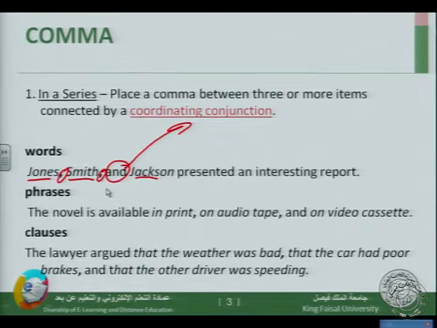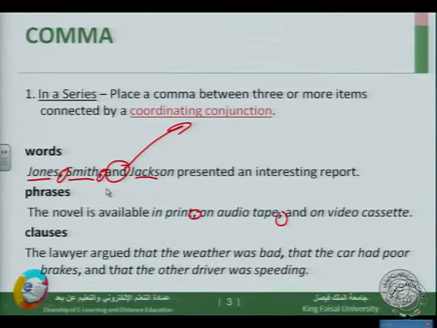Also, we place commas between three or more phrases connected by a coordinating conjunction. The novel is available in print, on audio tape, and on video cassette, as you can see here. Also, we can place a comma between three or more clauses connected by a coordinating conjunction.